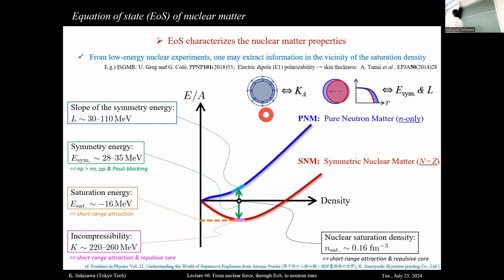Since it changes the density higher and lower, its excitation energy is related to the incompressibility of nuclear matter.